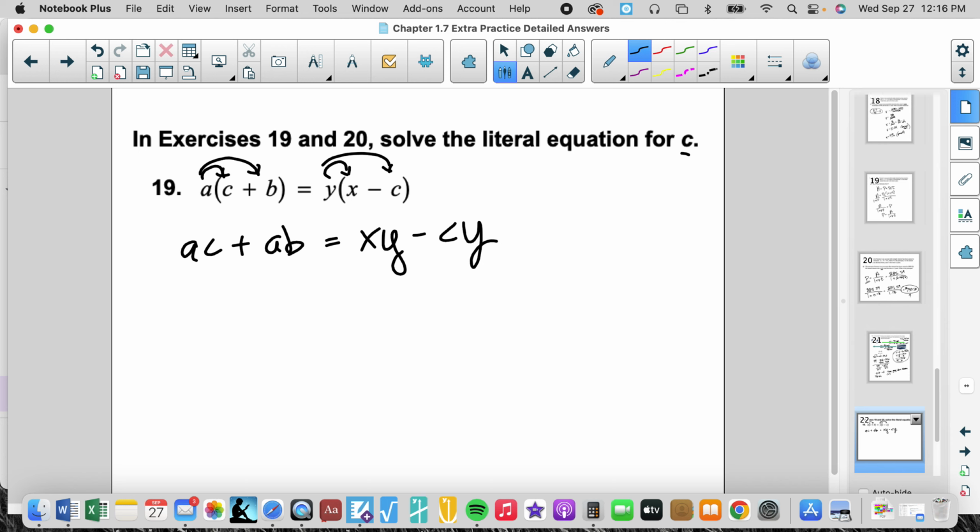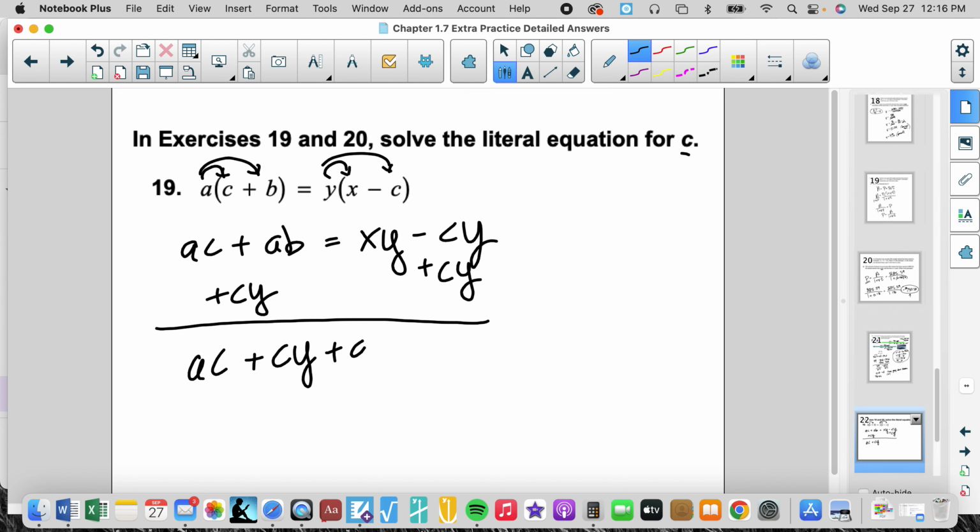Now I have C's that are on opposite sides. So I'm going to move them to the same side. I'm going to add CY. These are not like terms, so I can't combine them. I'm just going to leave them as AC plus CY plus AB equals XY.